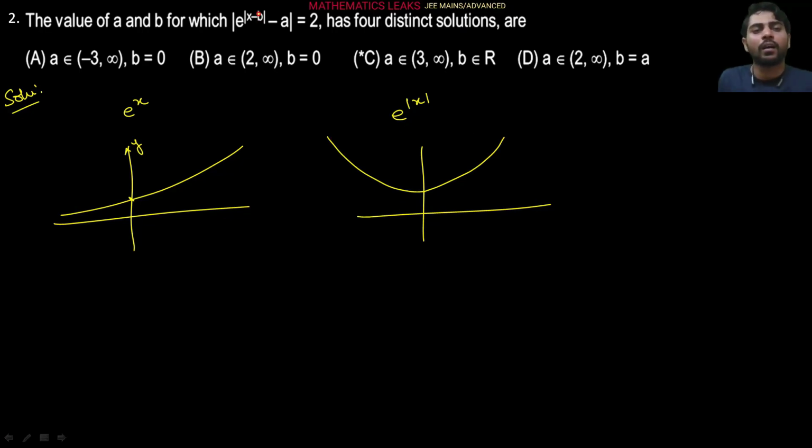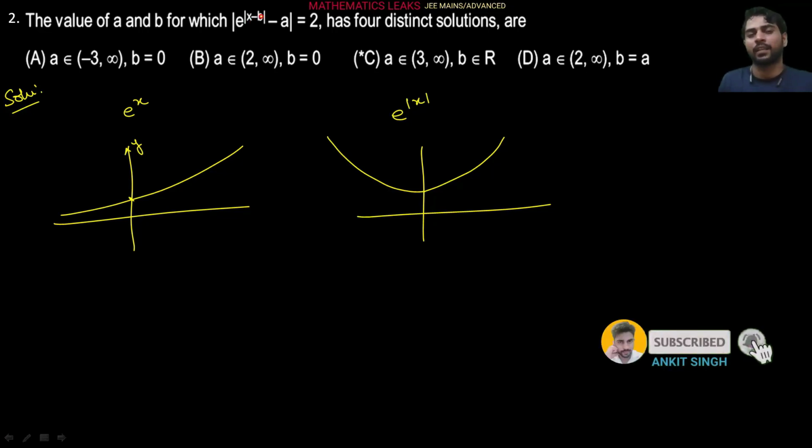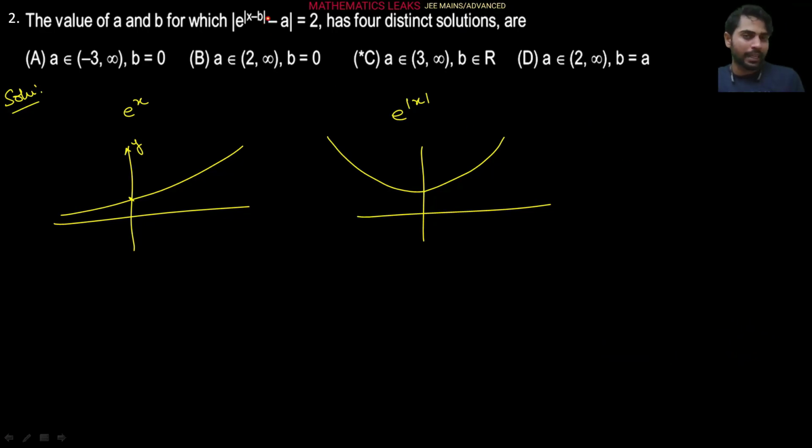Now a constant b is subtracted from the argument x. So what will happen here? Suppose b is positive, I am assuming b is positive. Positive means any positive constant we are going to subtract from the standard function's argument. So the graph will be shifted that many units to the right side.